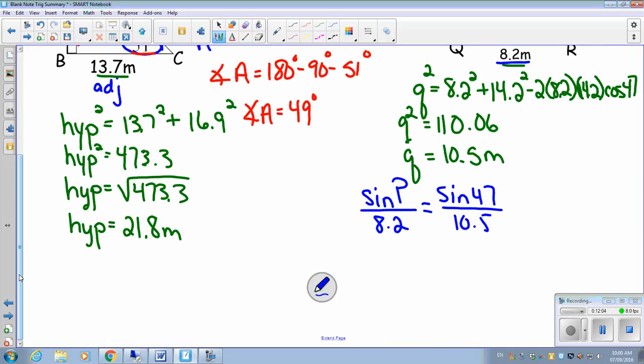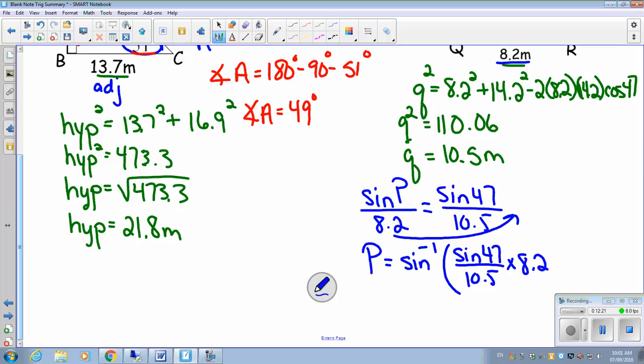So I'm going to end up calculating angle P by doing the sine inverse of what I started with, 47 divided by 10.5, and I bring the 8.2 over and do the opposite by multiplying, and I'll do the sine inverse of all of that to get my answer.